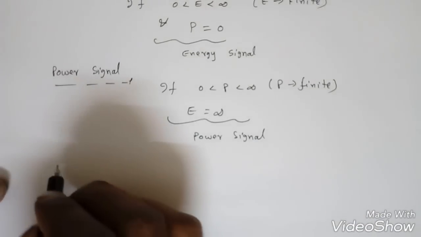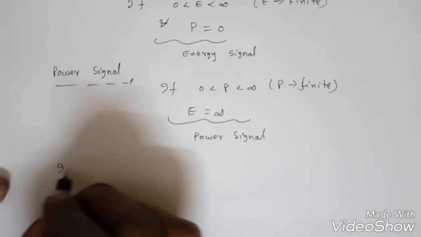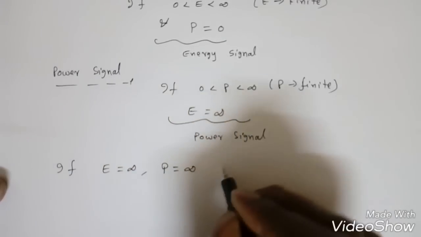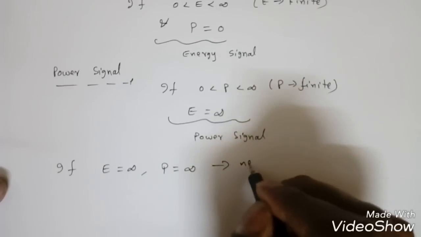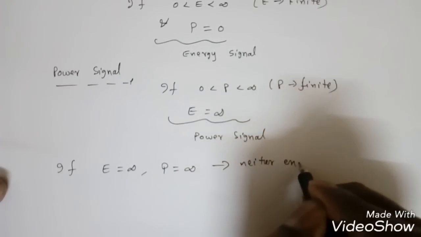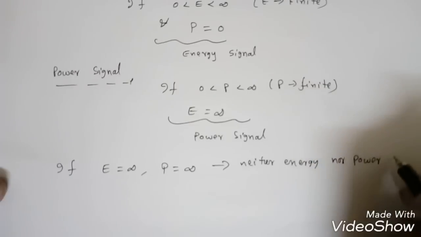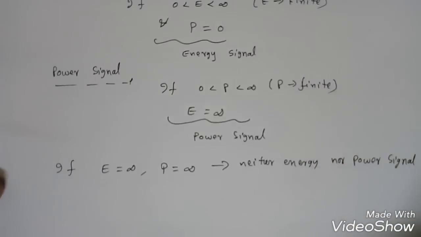So one more signal is there, neither energy nor power. If energy is infinity and power is also infinity, then we can say it is neither an energy nor a power signal, right? So this type of signals will be there.